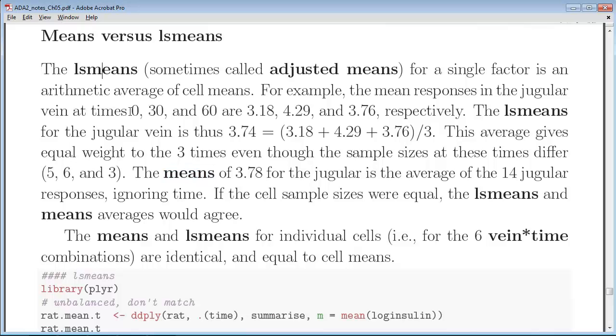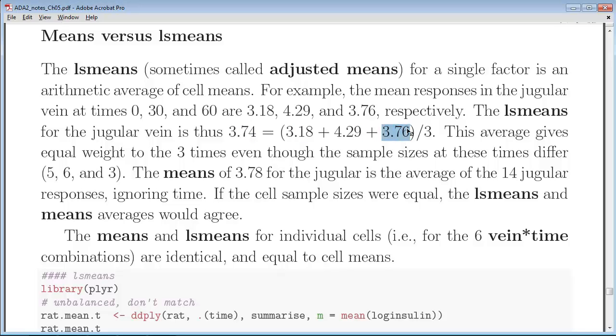In particular, let's take a look at the jugular values for times 0, 30, and 60. Here's the three averages at those 3 times for the jugular. And if we average those 3 numbers, divided by 3, we get 3.74. And that's the appropriate thing to do because we want to know, on average, what is the response for the jugular vein. We have different sample sizes for these 3 groups.